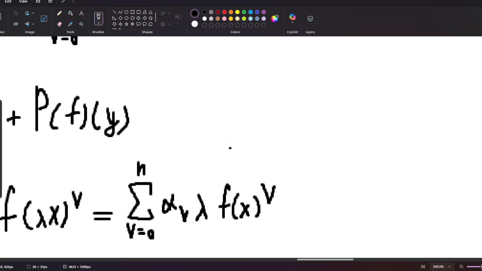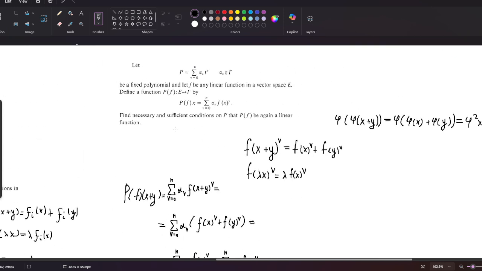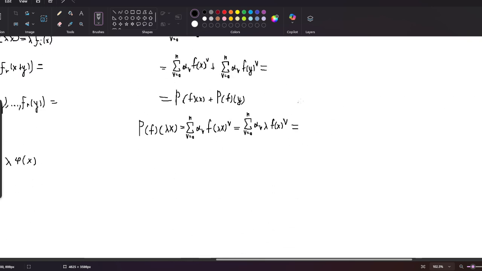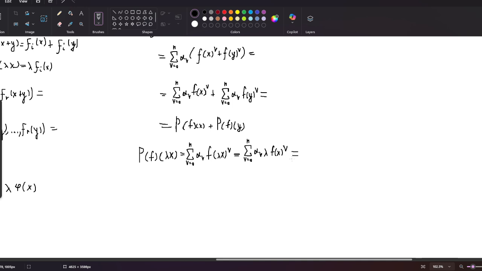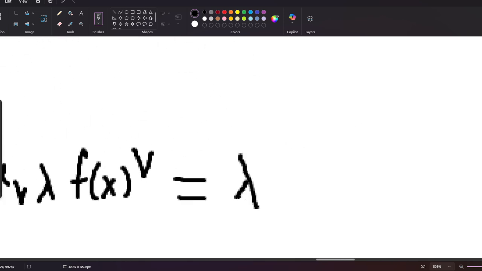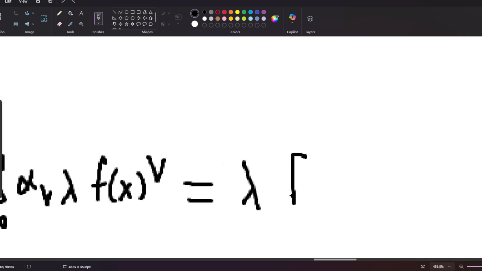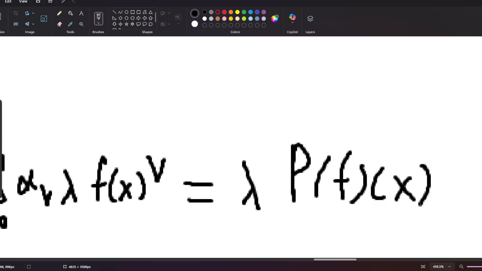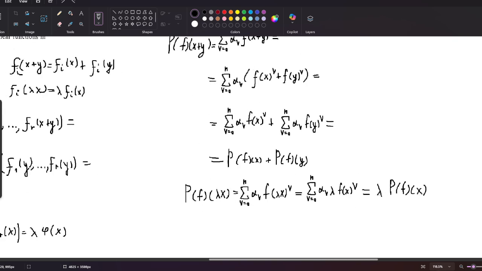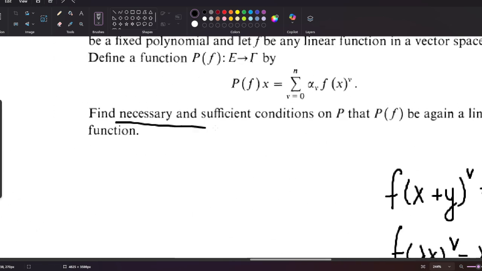So next thing that we have, mind you that when we have vector spaces defined over something, in this case gamma is going to be a field, so multiplication is supposed to be commutative, so we can just pull out the gamma here, and the rest is going to be just p(f)(x).